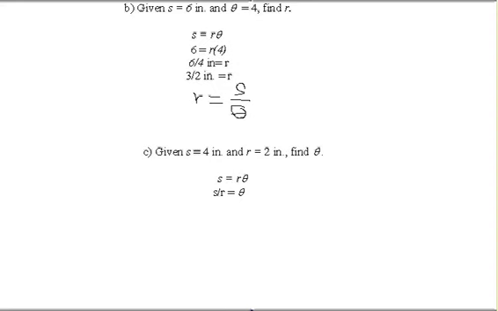Somehow it seems more aesthetically pleasing to me to go ahead and solve the formula for theta first, so that we again can see that if we divide both sides of the original equation by r, we have a formula that will give us the angle theta in radians and only in radians. So now plugging in, we find that theta is going to be 4 inches divided by 2 inches.